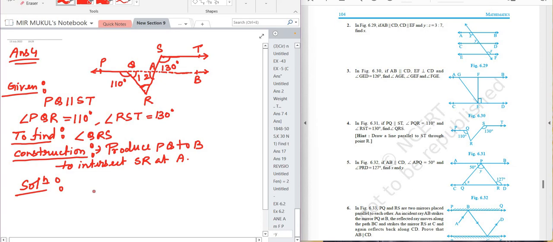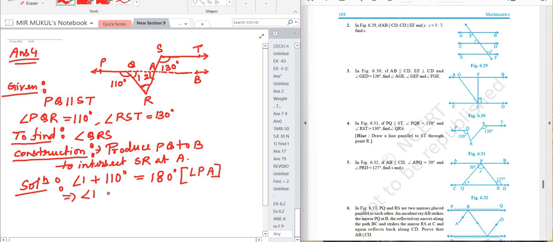So now angle 1 plus 110 degrees, how much? 180 degrees, linear pair axiom.